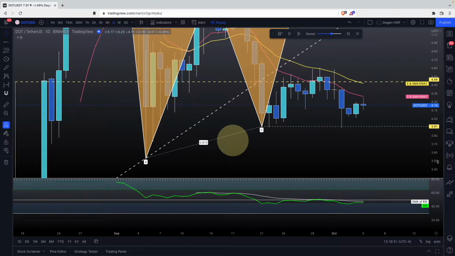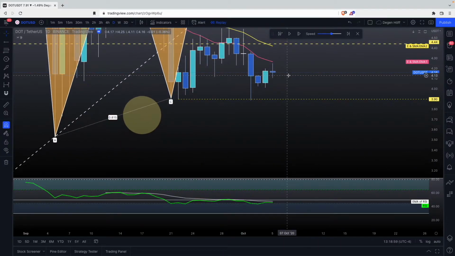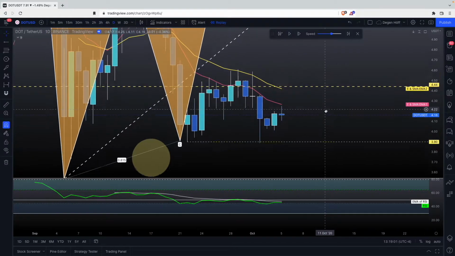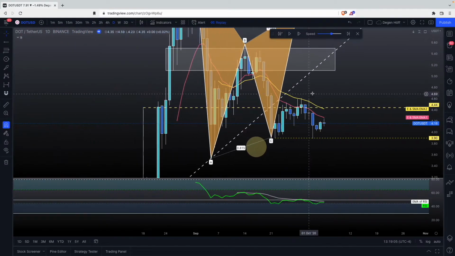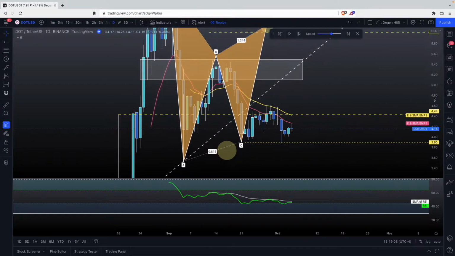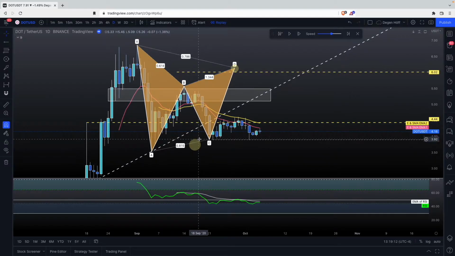That wick, if you zoom in, actually this would have been the proper one, it just wicked below it, so they zapped all the liquidity. If you're a liquidity trader trading order books, you might be looking at this like, maybe now that they got the liquidity they're going to move it up again, and that would be logical.